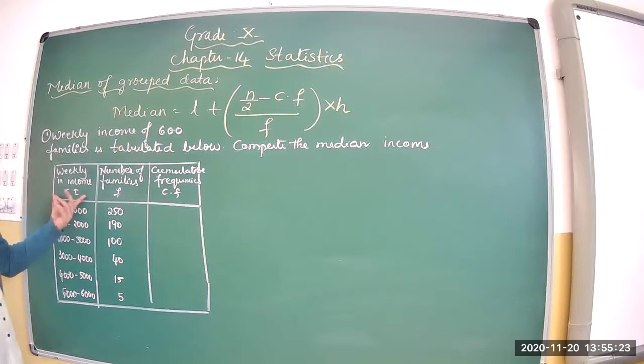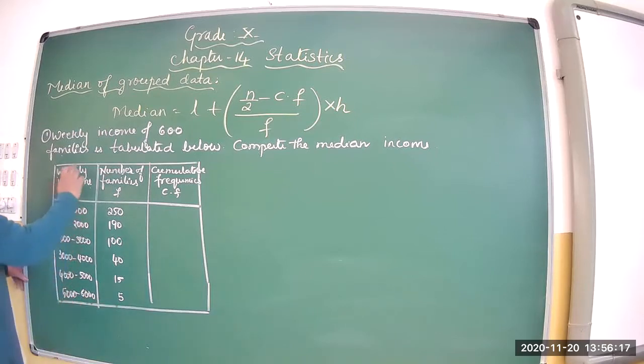Now, the first column, weekly income, is given in the form of class intervals and the respective frequency is given here, that is, number of families. 0 to 1000, 250 families; 1000 to 2000, 190 families; 2000 to 3000, 100 families; 3000 to 4000, 40 families; 4000 to 5000, 15 families; 5000 to 6000, 5 families.